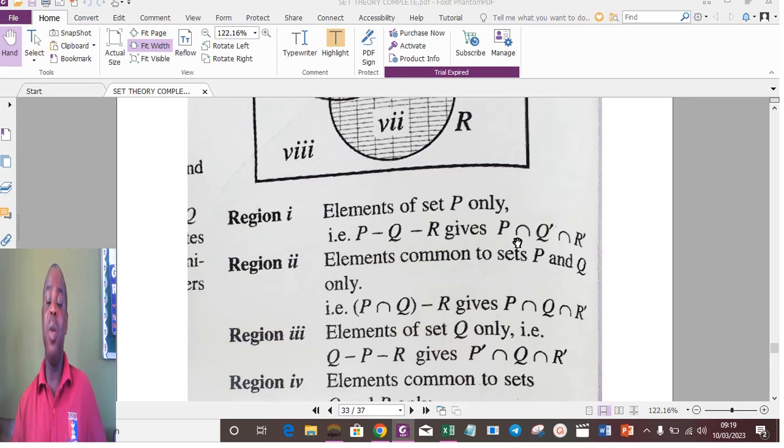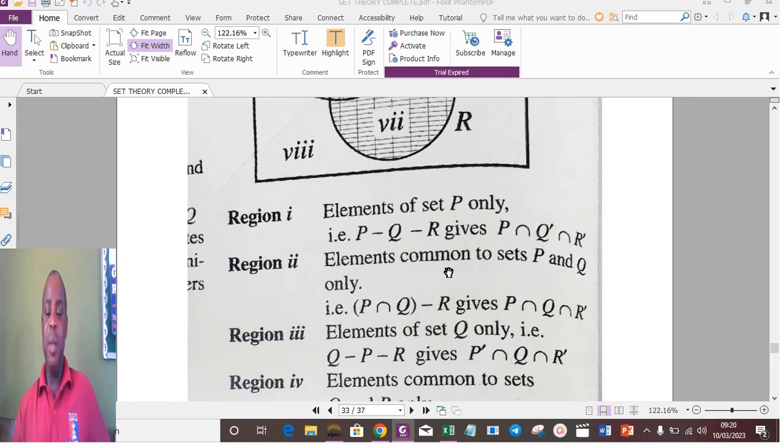You remember the way we did the 2 circle Venn diagram where we put P intersection Q prime. That one is P only, but this time we have 3 circles rather, 3 parameters we are going to use, P, Q and R. So this P only will be P intersection Q prime intersection R prime.